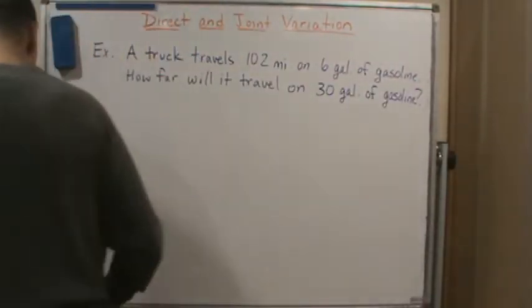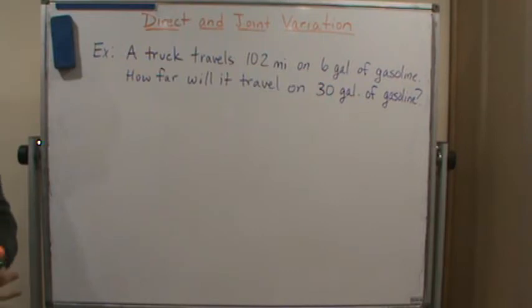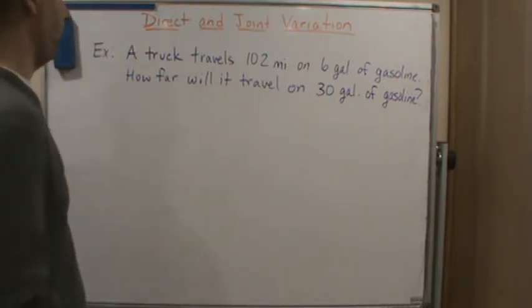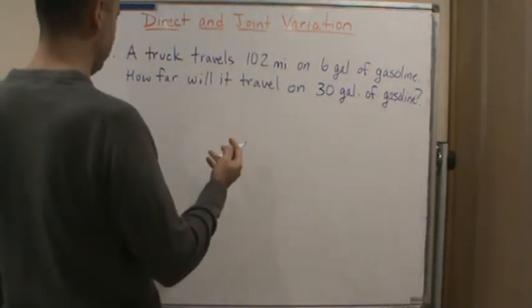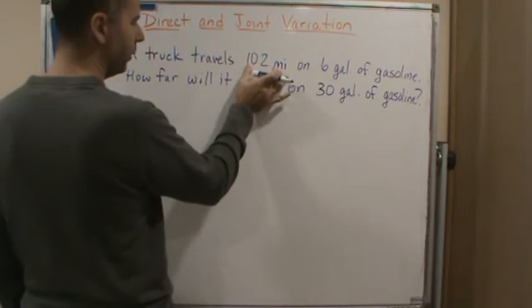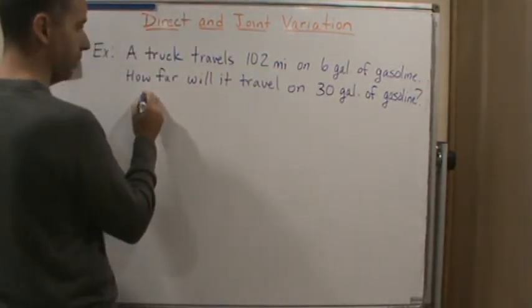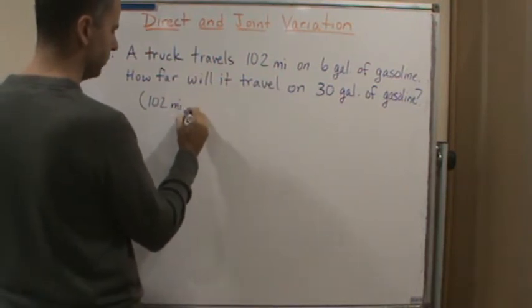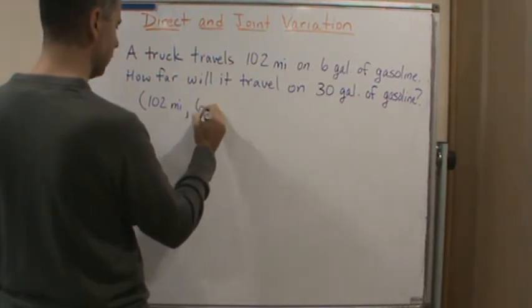Once you understand that, you know how you're going to set this up, because you have to set it up the same way. So what are the two related points? I've got 102 miles related to the 6 gallons, so those two go together.